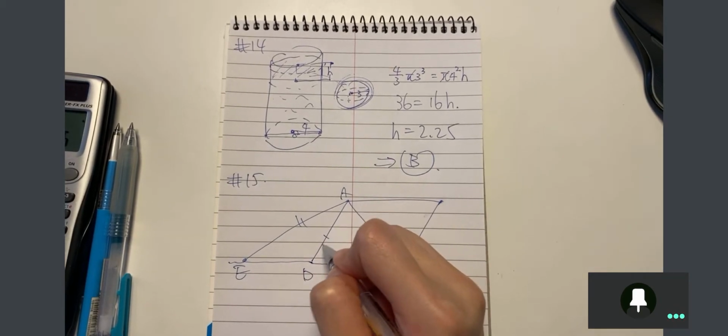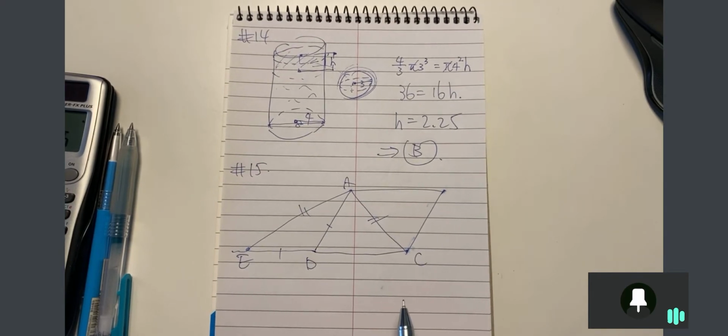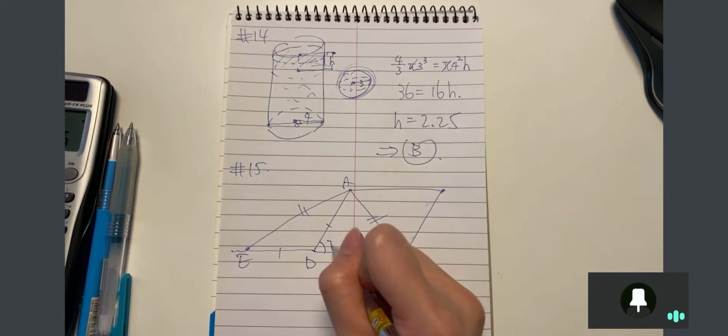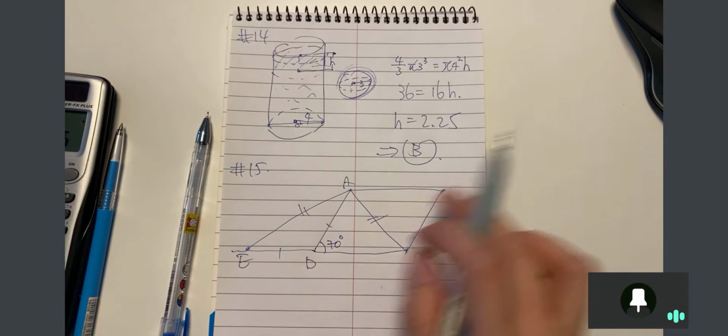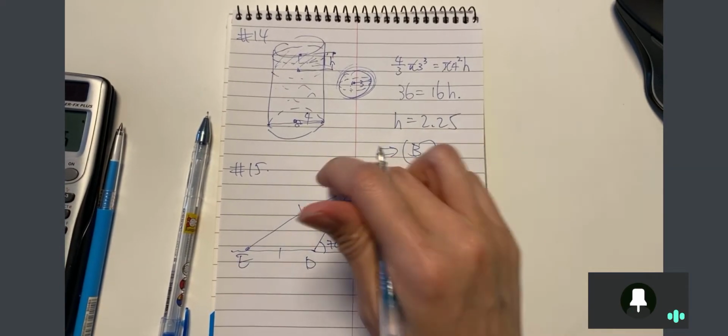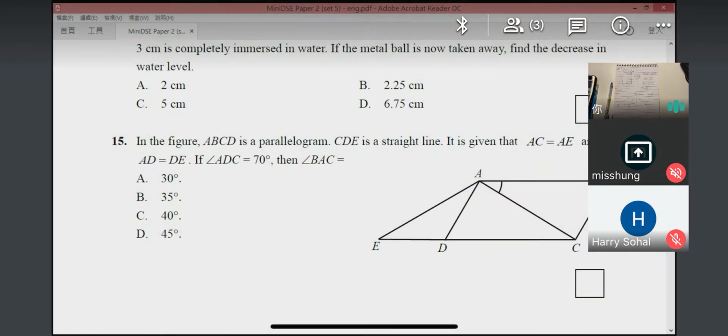Given that angle ADC is 70, find angle BAC, where B is here. The figure is like that.